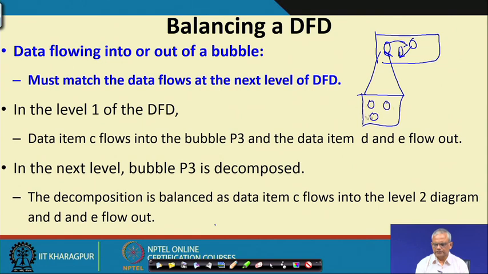So, let us say we decompose this diagram into 3 bubbles, and it takes this data, produces a data, and this finally produces a data, and this also produces a data. Now, let us say this takes A and produces B. Then in the next level we must also have A taken in here, and this let us say produces C and D. We must have B is equal to C plus D.